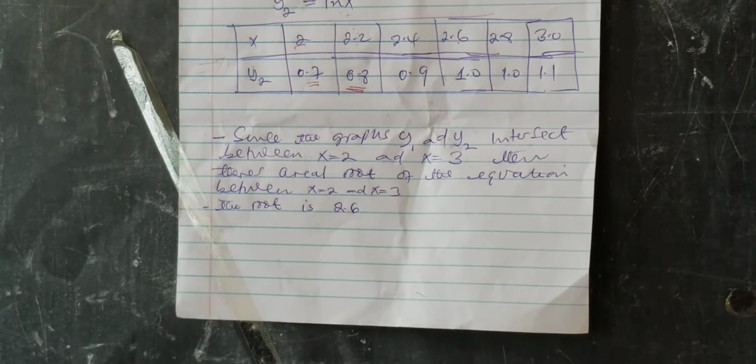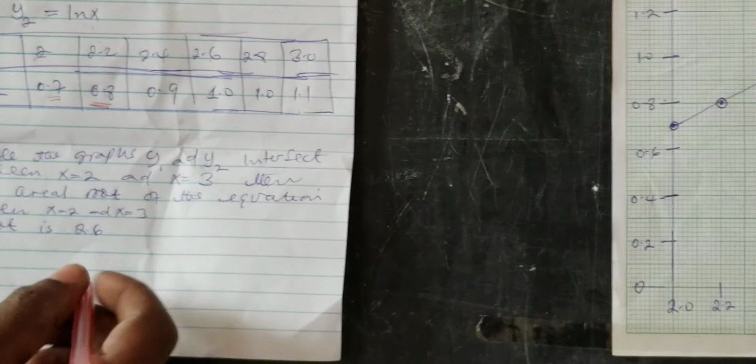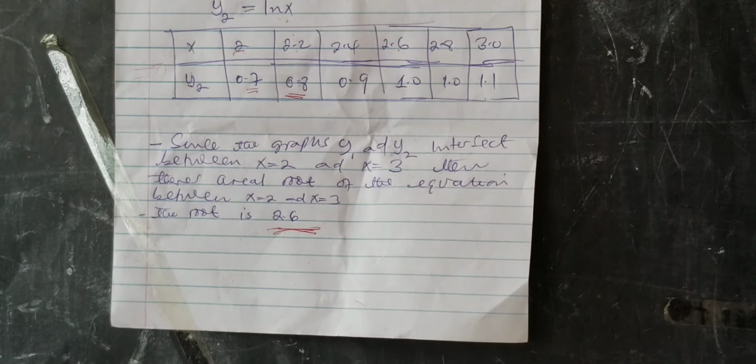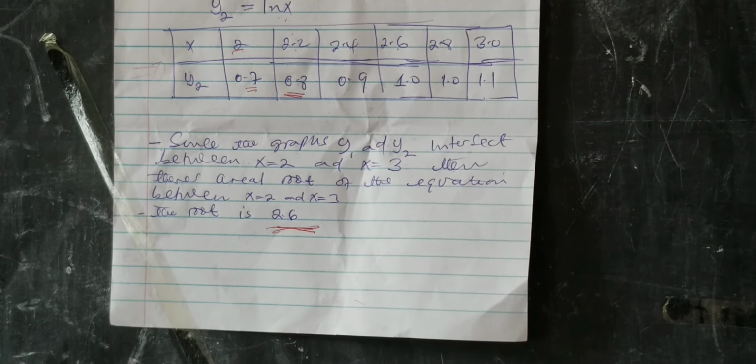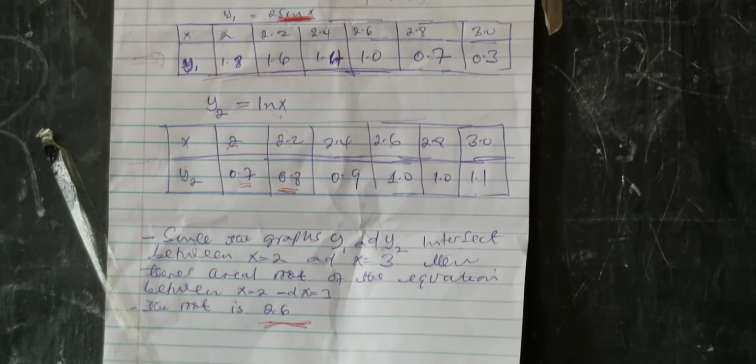The conclusion is very paramount. Then the root of the equation is 2.6 because they said we should give it to one decimal place, and you read it directly from the tables. And that's how we use the double graph method to locate the interval and the roots of the equation.